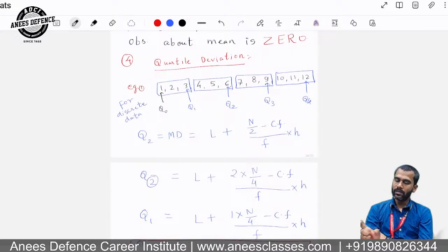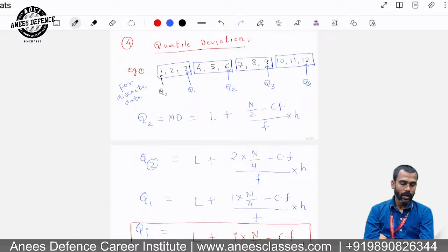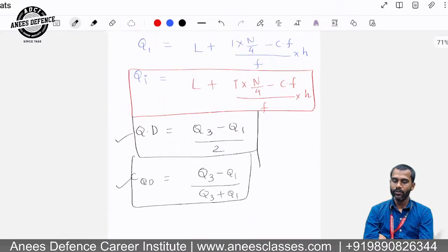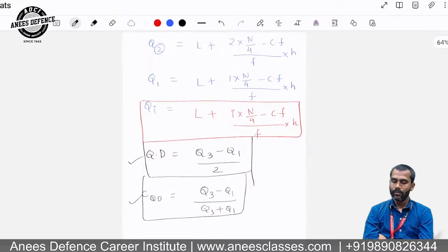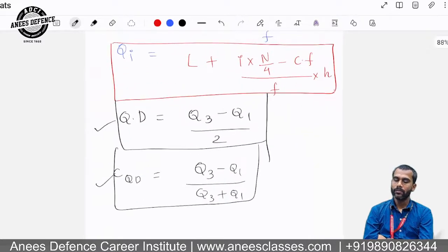For discrete, I have just taken one example to show what is the meaning of quartile. We have to divide the whole data into 4 equal parts. So now put the value of I, you will get Q1 and Q3.